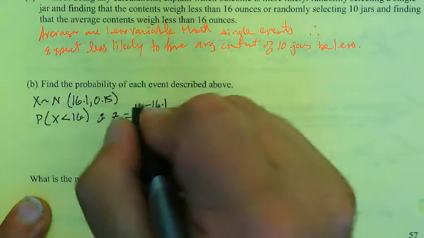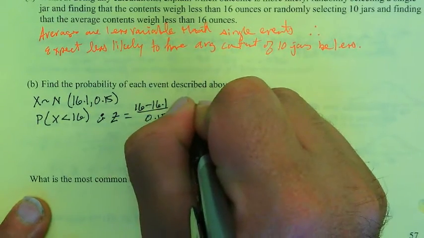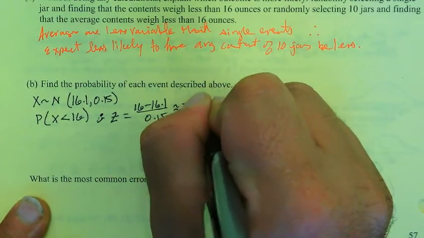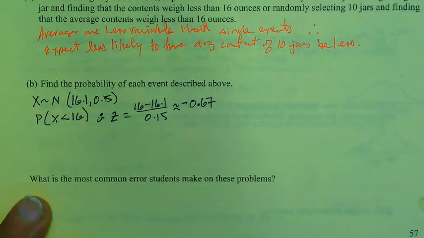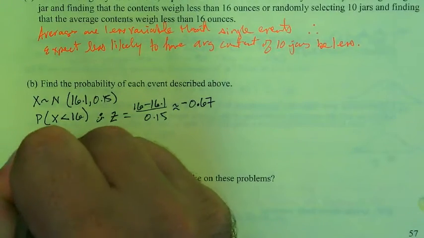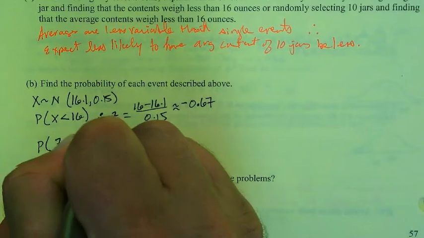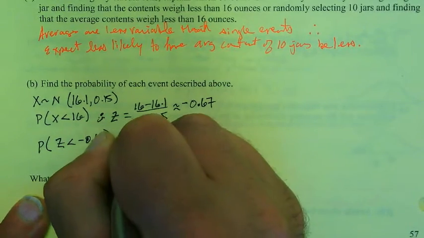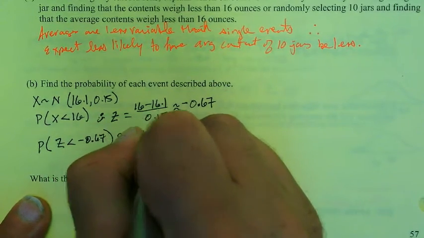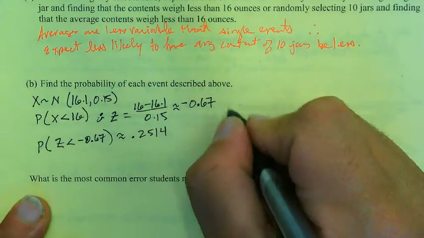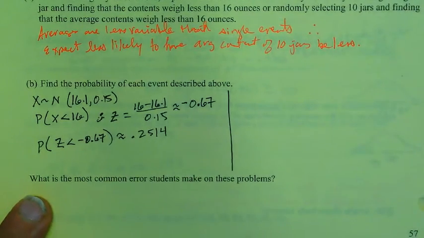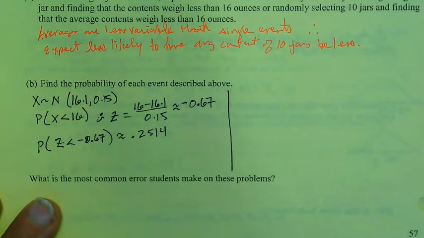If we put that into our calculator, we get approximately negative 0.67. Okay, so then I'm looking for the probability that the z-score is less than negative 0.67, which from my table is about 0.2514. Right, so about a quarter of the time is the probability of selecting a jar that has less than 16 ounces.